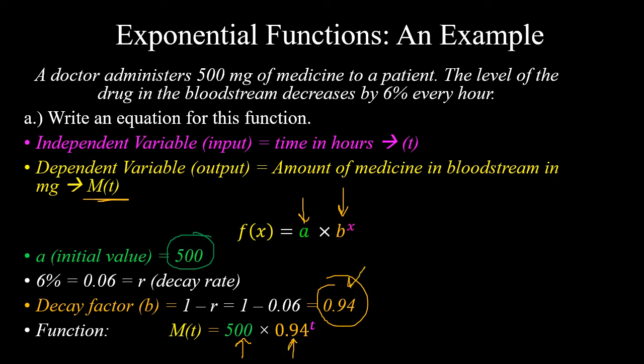And then, of course, we're not going to say X because we labeled our input T. So that leaves us with T up here. So our function is M of T equals 500 times 0.94 to the T power. There's our function. We start with 500 milligrams of medicine, and every hour we're losing 6%, okay?